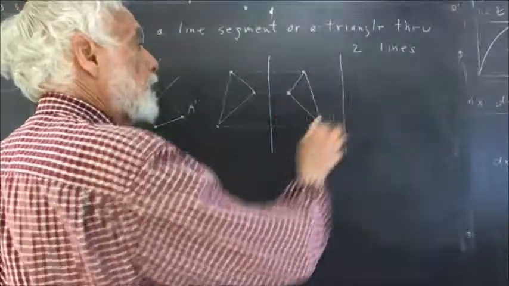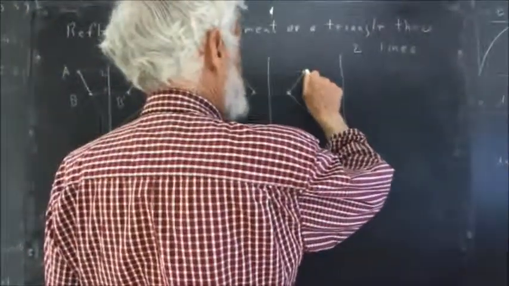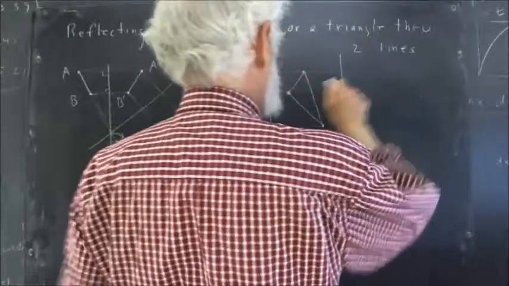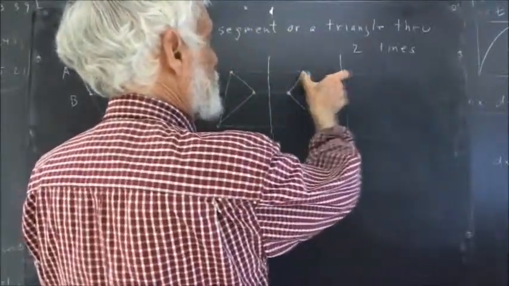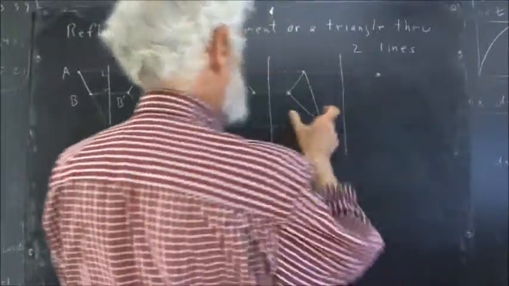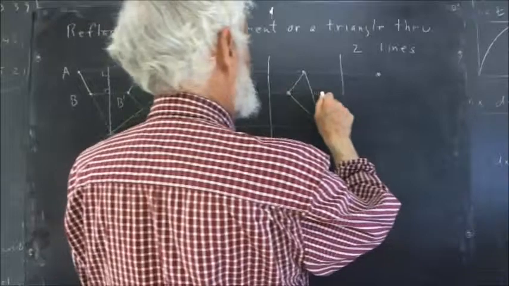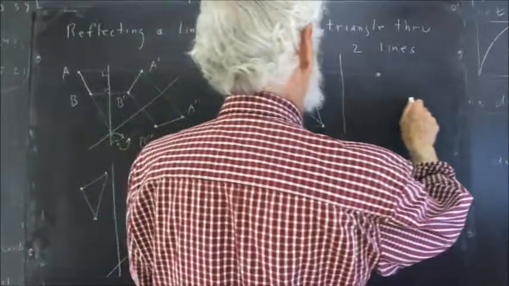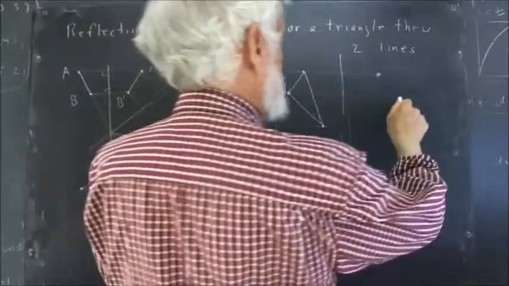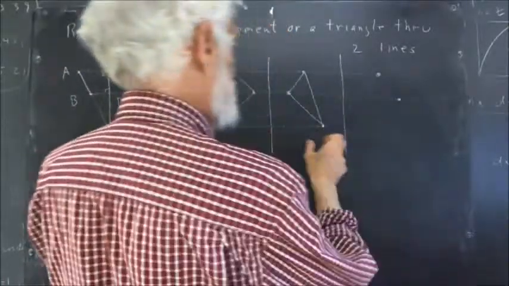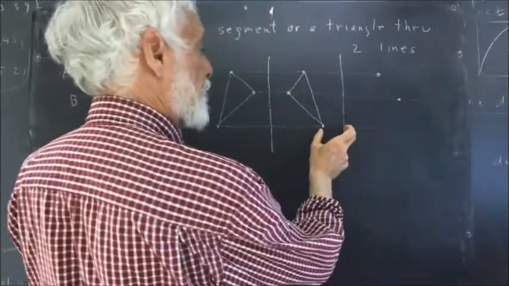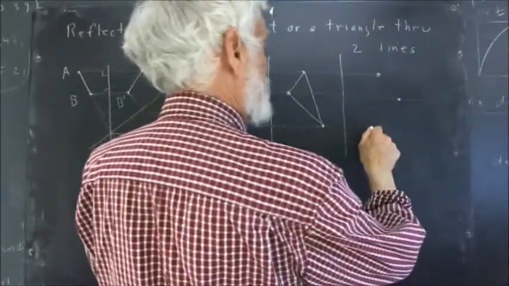Now, if I reflect through this second line, well, I keep going. Okay? Then equal distance would put me about here. Equal distance would put me about here, and equal distance on this puts me about here.